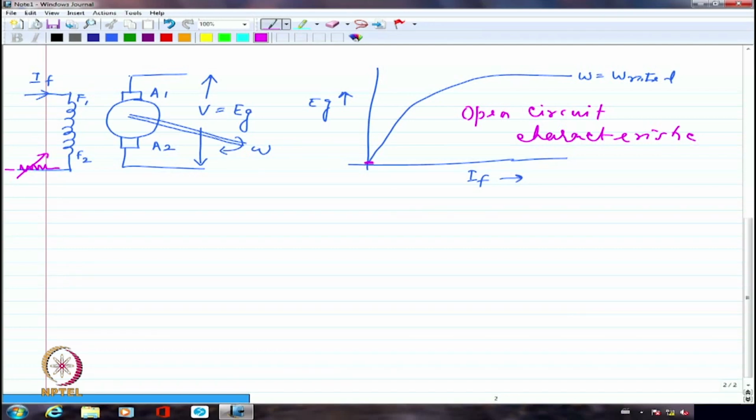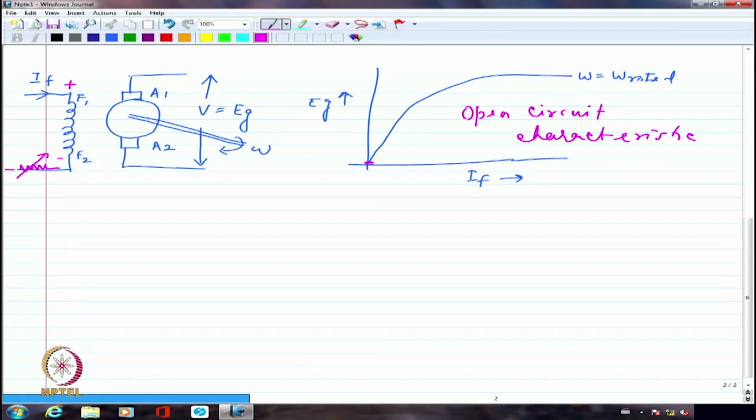Generally the field coils will also be specified with where the plus should be connected and where the minus should be connected. It will generally specify the terminals as well. When you purchase a DC machine, it will tell you in what direction the current should flow in the field coil. So much for open circuit characteristics.